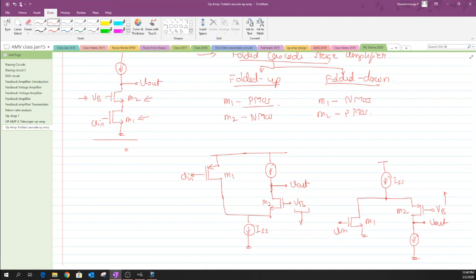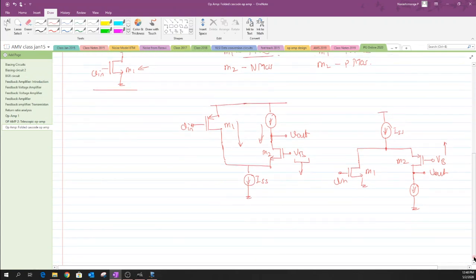But the extra price that we paid for this configuration is that it leads to an extra current source, or basically two parallel paths in the circuit configuration, due to which the power dissipation through the circuit will be higher than the normal cascode configuration. So with that basic review, let us try to realize the folded cascode op amp.